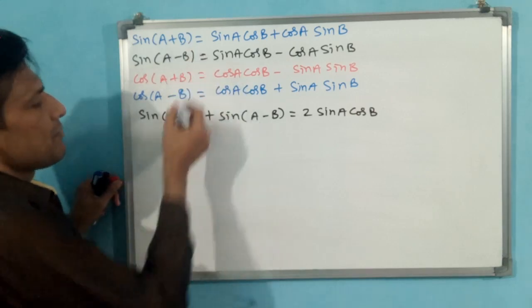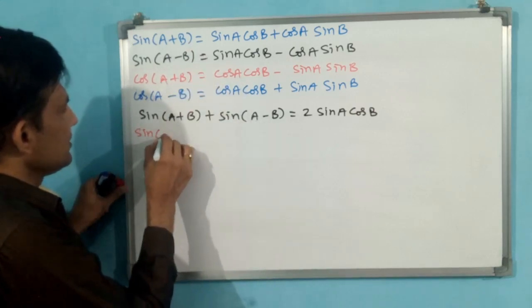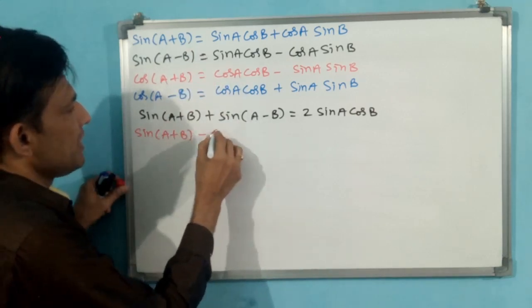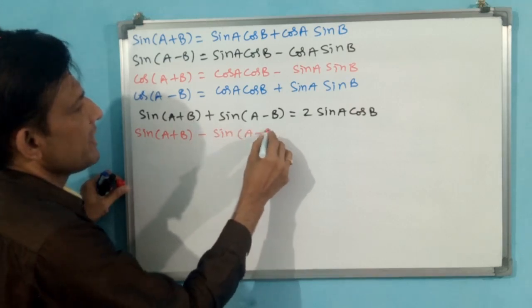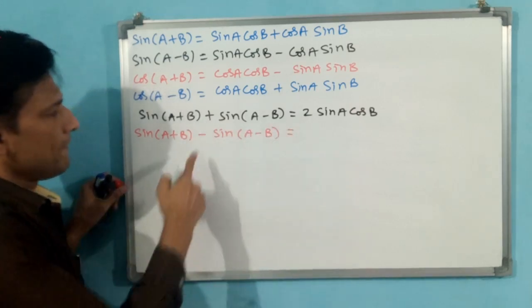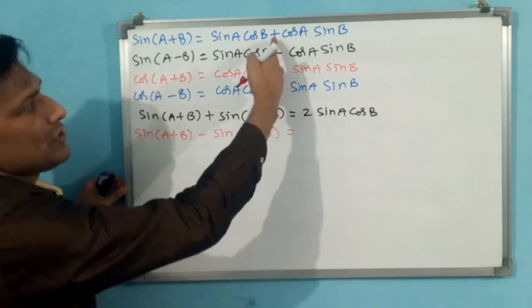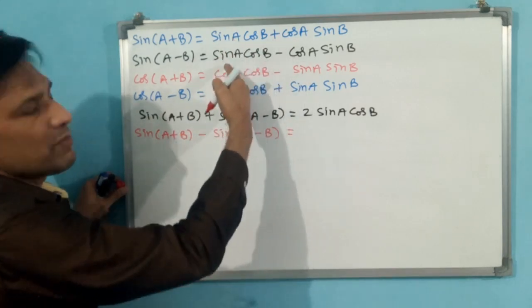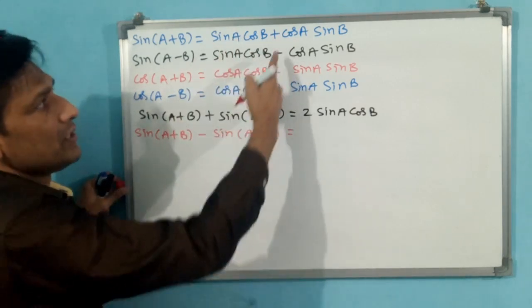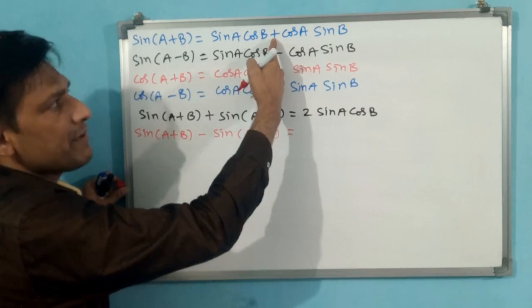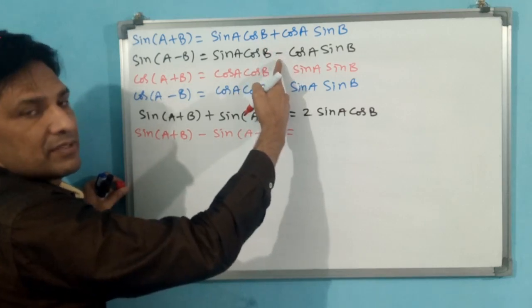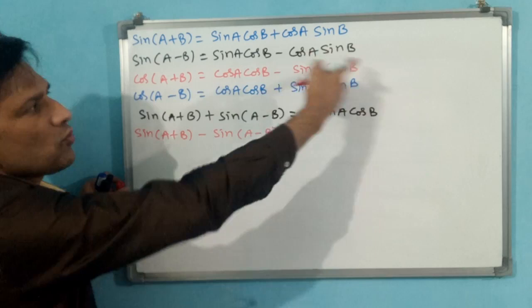Now, rather than addition, if you make subtraction, sin of a plus b minus sin of a minus b, the sin a cos b terms are both the same and get cancelled, and we get 2 cos a sin b.